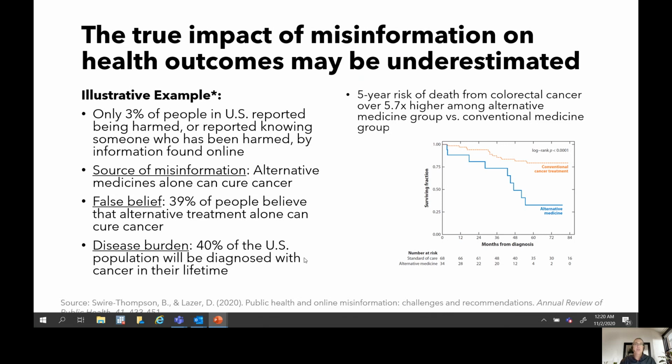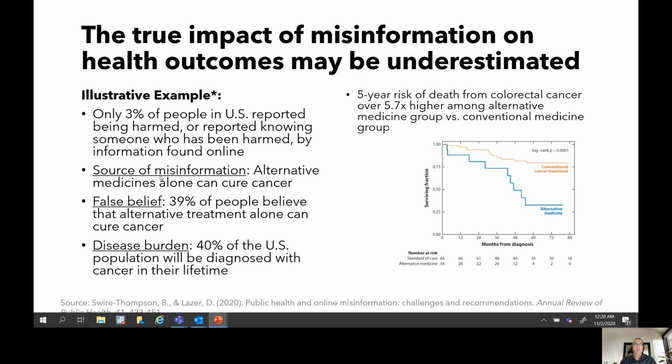These are just a summary slide from the publication by Swire-Thompson and colleagues that came out recently. They report that while surveys have been done showing that only 3% of people in the U.S. say that they've been harmed, or reported knowing someone else has been harmed, by information found online, that may be more a matter of the reality that they just aren't aware of what's really happening.